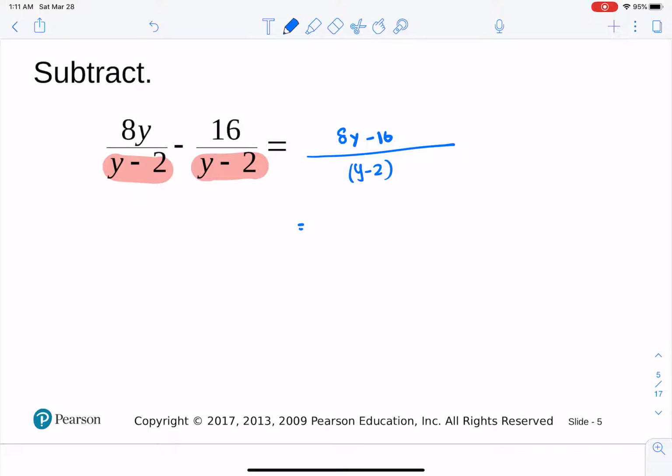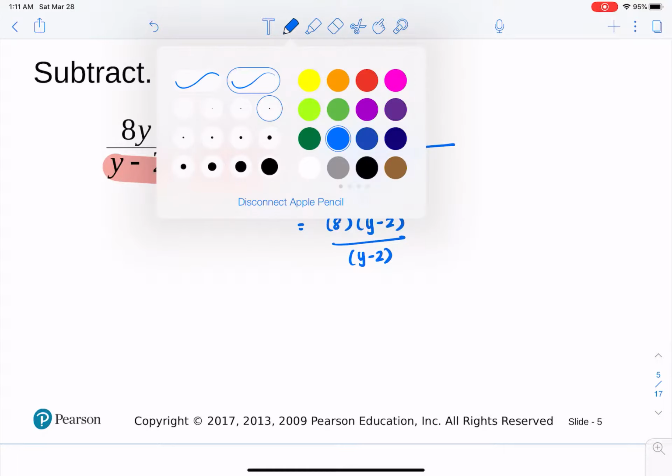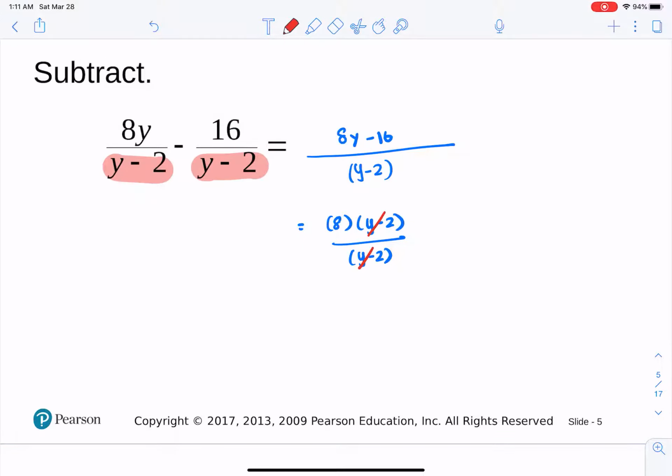I see a common factor of 8 in the numerator, so if I pull that out, I have 8 times y minus 2 divided by y minus 2. The y minus 2's would go away, resulting in 8 divided by 1, so the answer is 8.